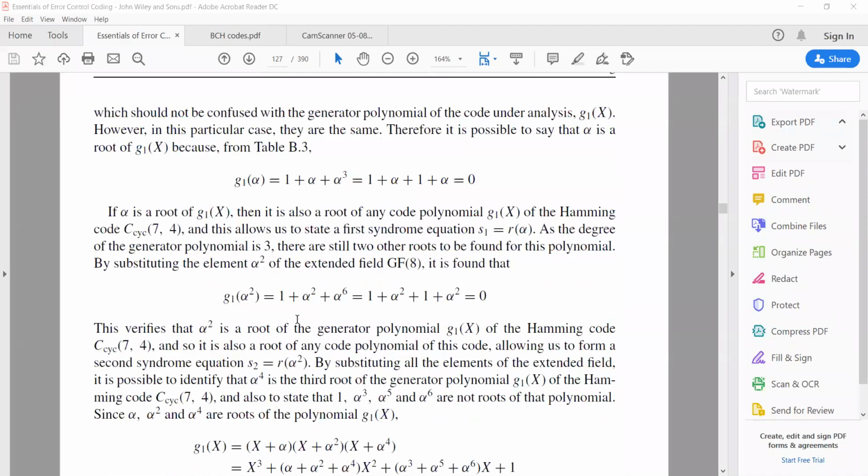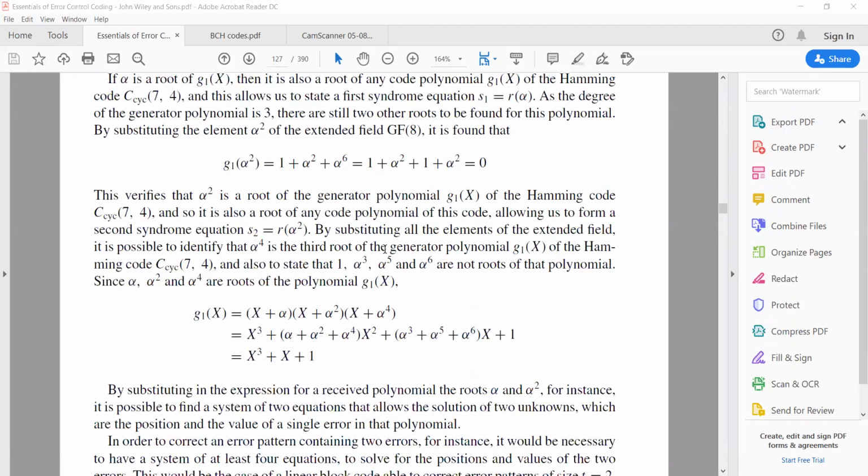Now, the thing is that our generated polynomial equation was of degree 3, so the number of roots was 3. But till now, we have computed only 2 roots of the generated polynomial, which are alpha and alpha square.